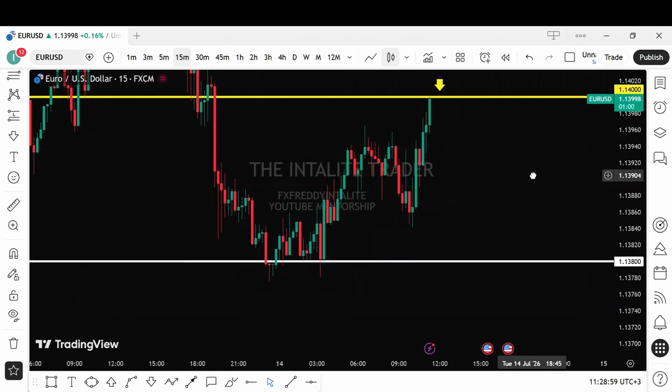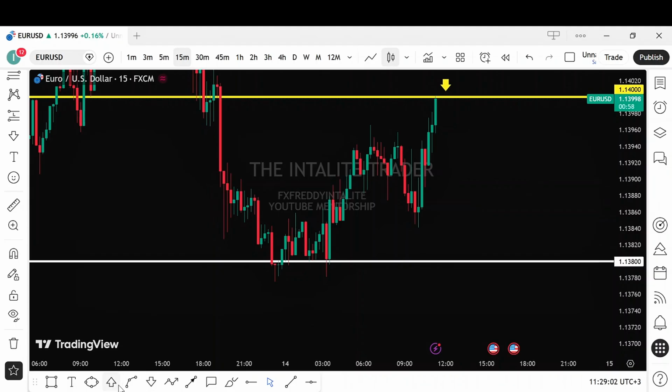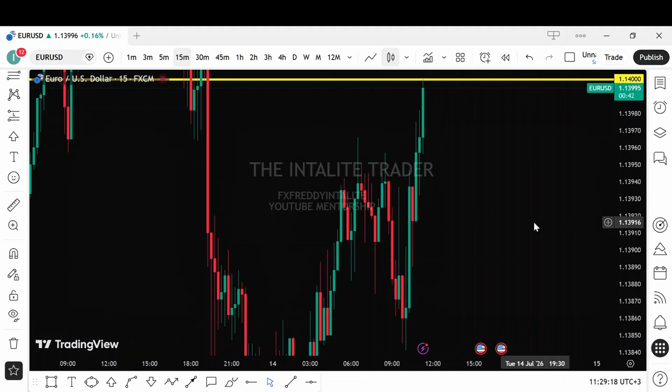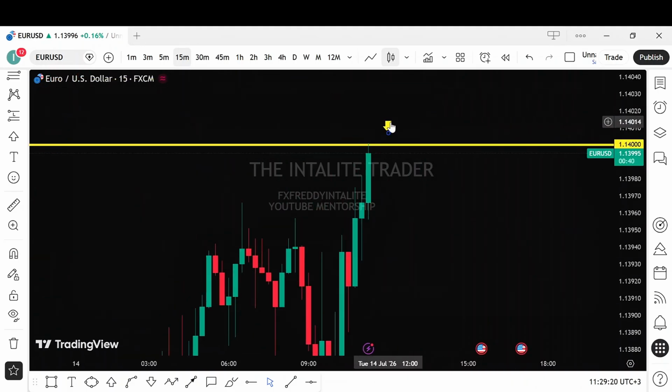If you look here, what happened? Price came to this level. This is the 8 level. Price respected the 8 level, and what happens? It traded away from the 8 level. It's now going to the 0 level here.